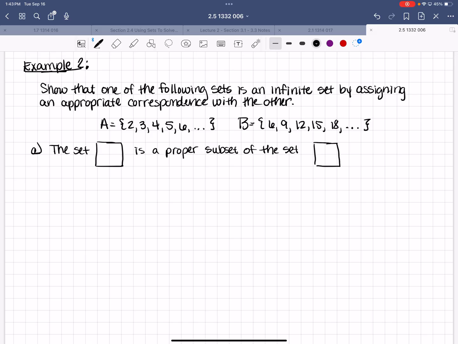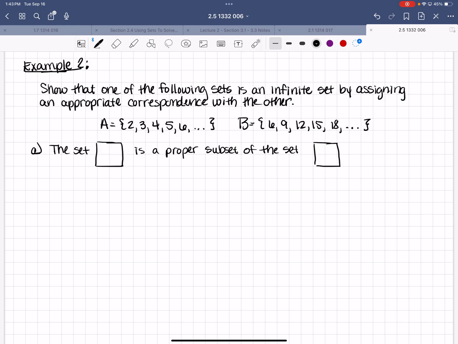Okay? So pretty much what they're asking you in this first one is you've got to figure out who's the big set and then who's the subset. Now remember, the subset comes from the big set. Like you got to be able to pick all those numbers out of the big set to be a subset.